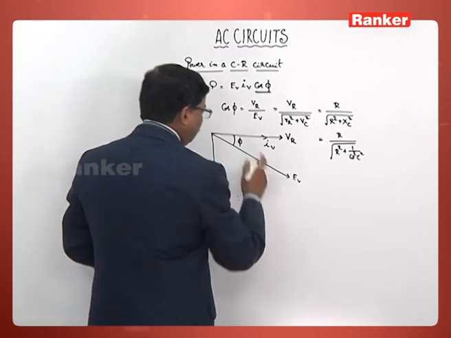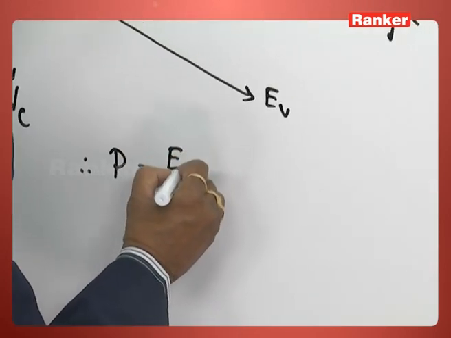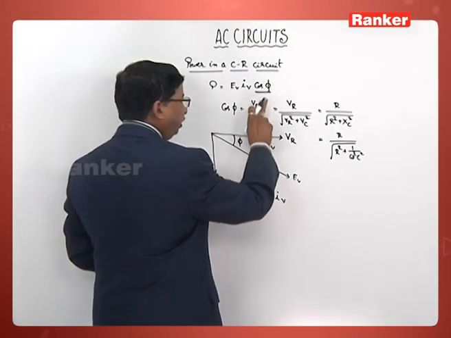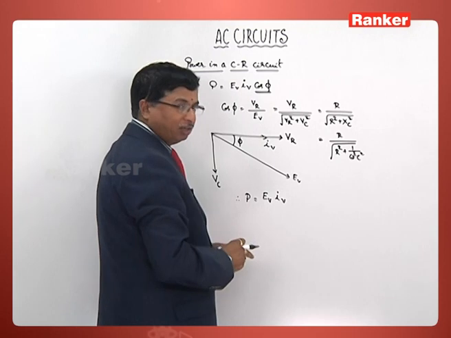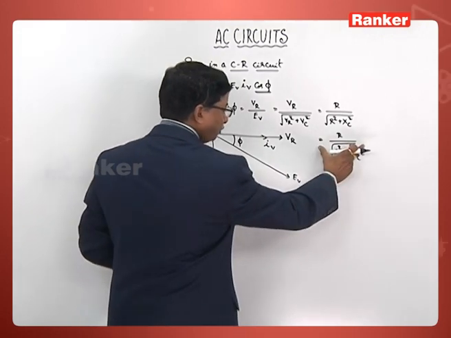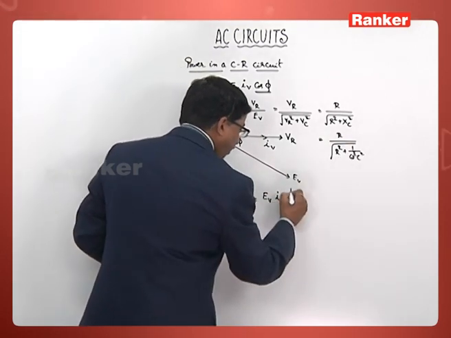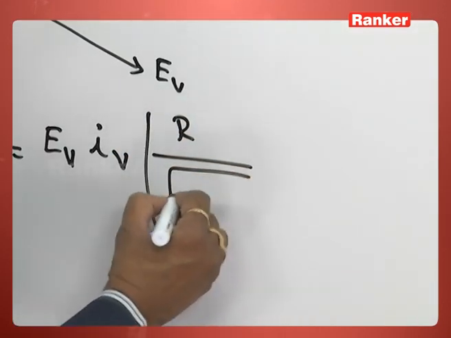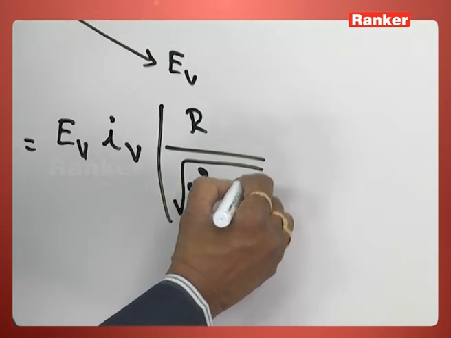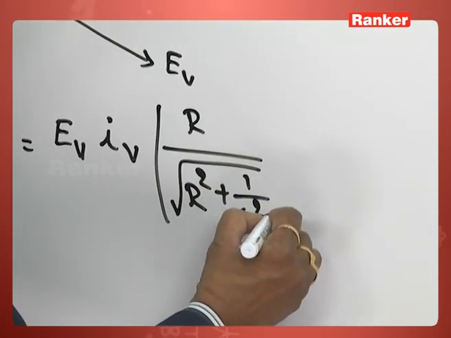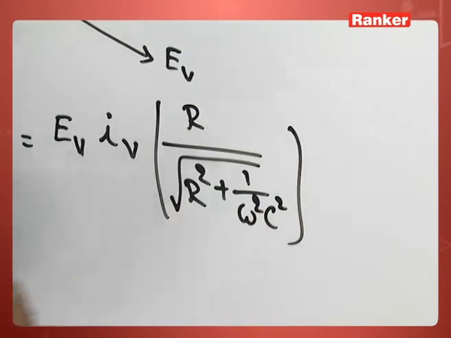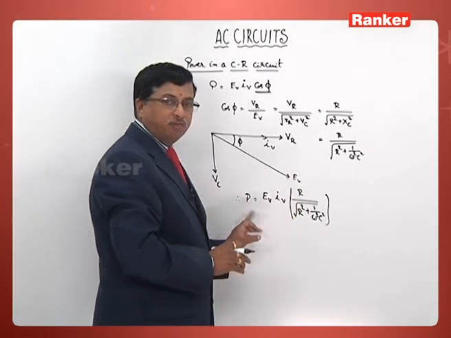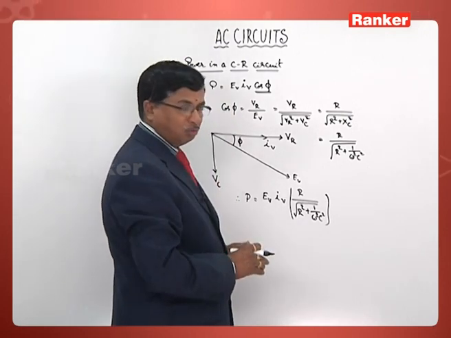Power is equal to the virtual value of EMF into the virtual value of current into the power factor, R by root over R square plus 1 by omega square C square. This is one form of the equation for power in a CR circuit.